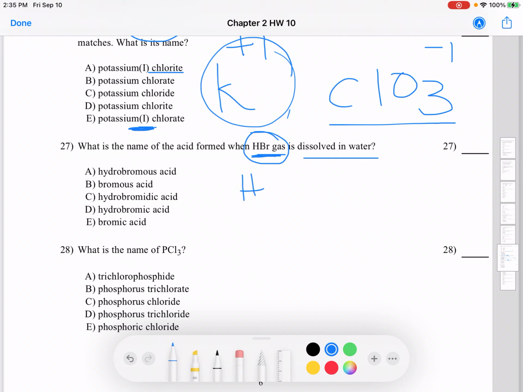If you have HCl by itself, it would be hydrogen chloride. Okay, hydrogen chloride, covalent compound, and when you dissolve in water, it becomes hydrochloric acid. Remember, we talked about it in the lecture. Same thing with the HBr gas. HBr by itself is hydrogen bromide. Once it dissolves in water, it becomes hydrobromic acid. Okay, for H we say hydro and then the bromic acid.